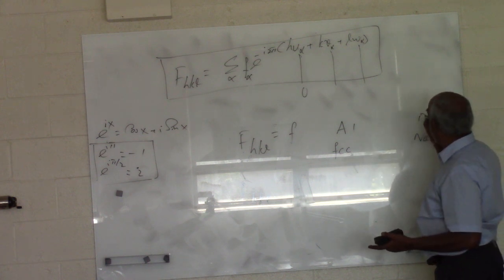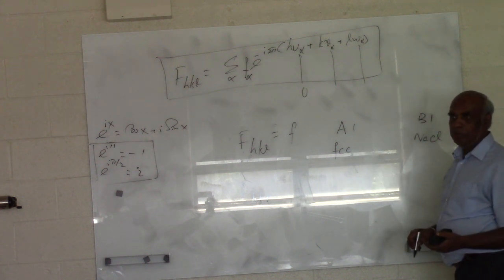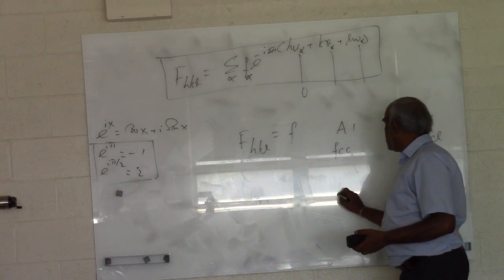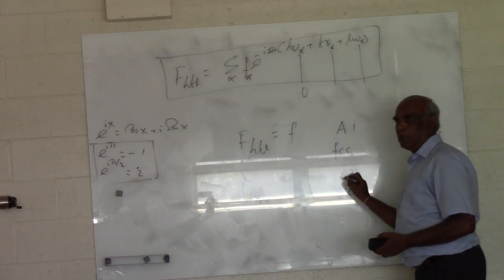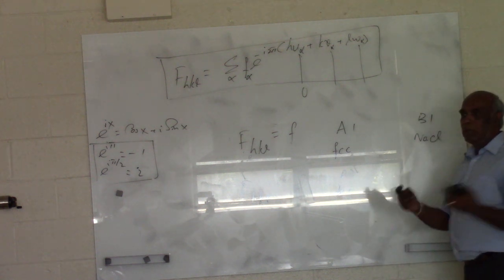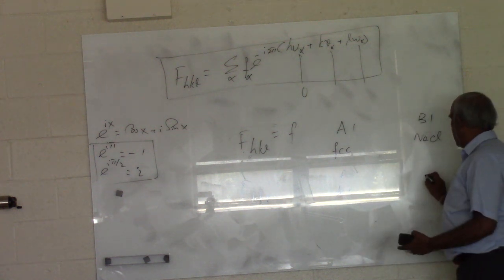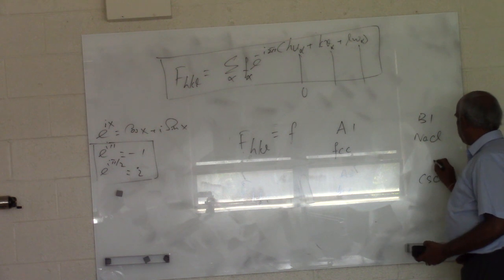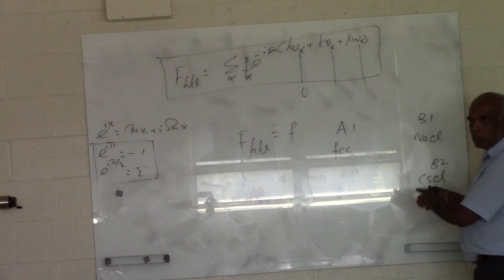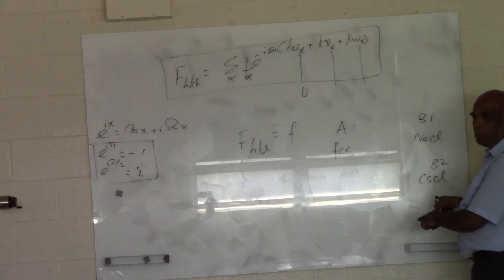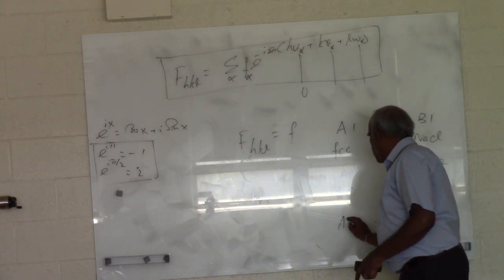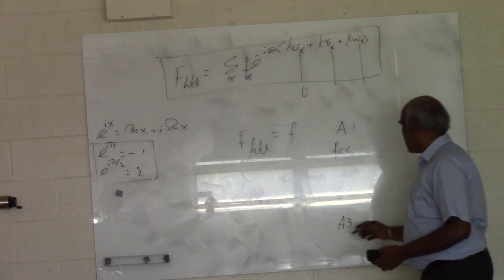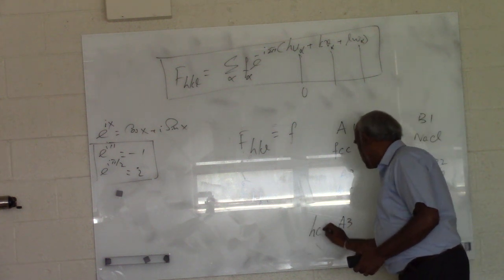They are usually called the B1 structure. If you have the real BCC structure, it is called the A2 structure. Then if you have something like the cesium chloride structure, with two different atoms, it is called the B2 structure. Like that we have the A3 structure. Typically A3 is the HCP structure.